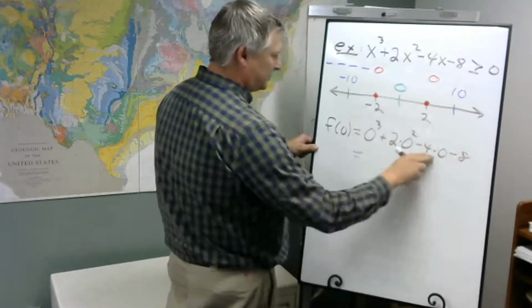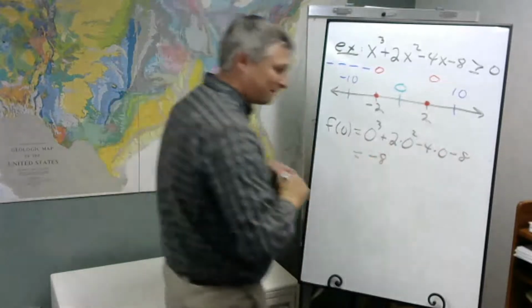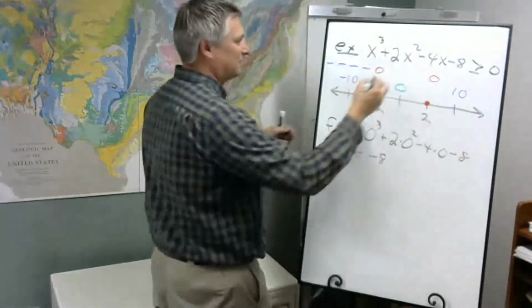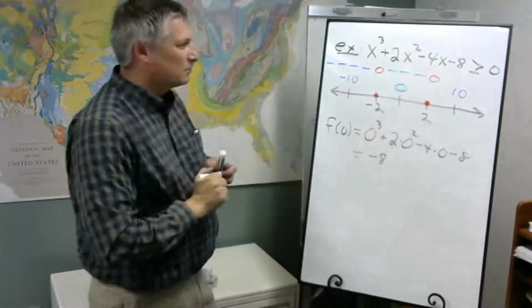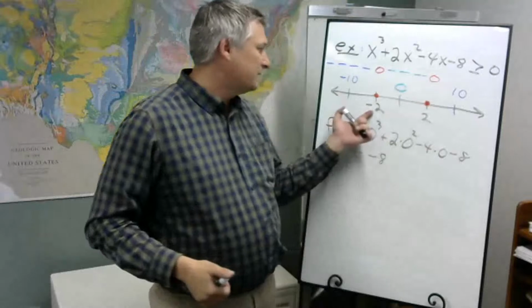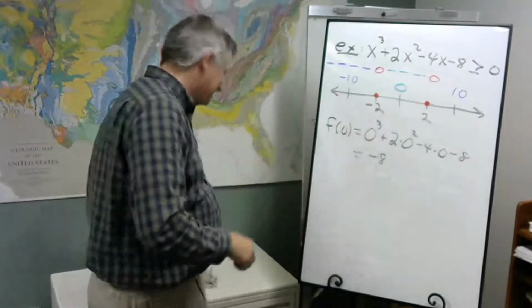And this is 0, 0, 0, subtract 8, it's -8. Sure enough, it comes out negative. So that means we've got a negative. And based on the rules of multiplicity and the multiplicity of 2 here for that intercept, that's what we would expect. All right.